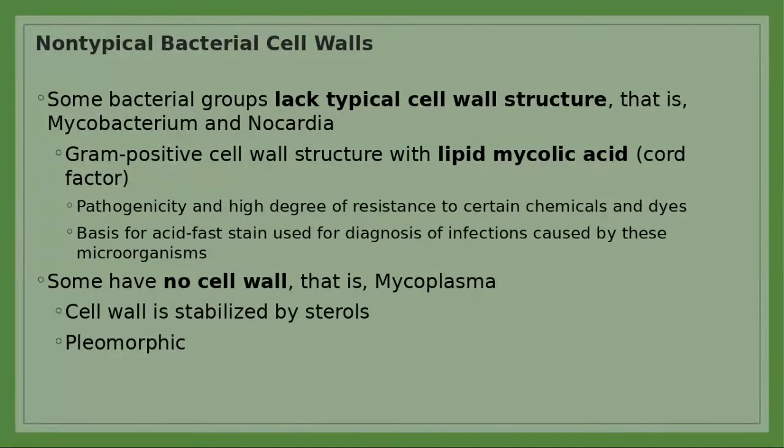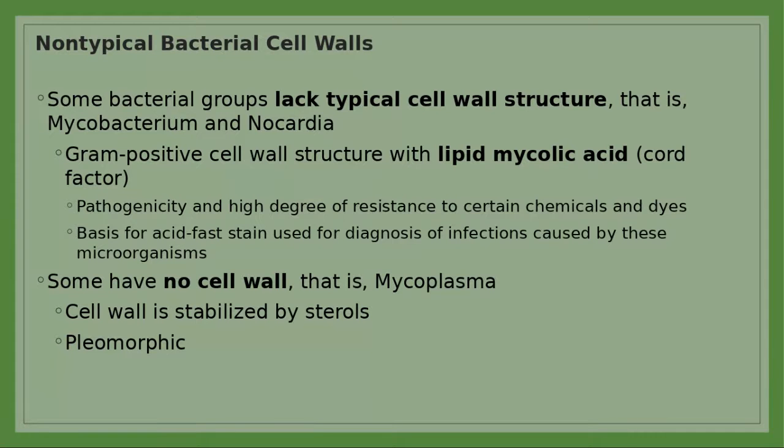Okay, those are the two main types of bacteria based on the cell wall: gram-positive and gram-negative bacteria. But there are some exceptions. There are some other bacteria, and really not many of them, that do not have peptidoglycan. They have different types of molecules that make up their cell wall.